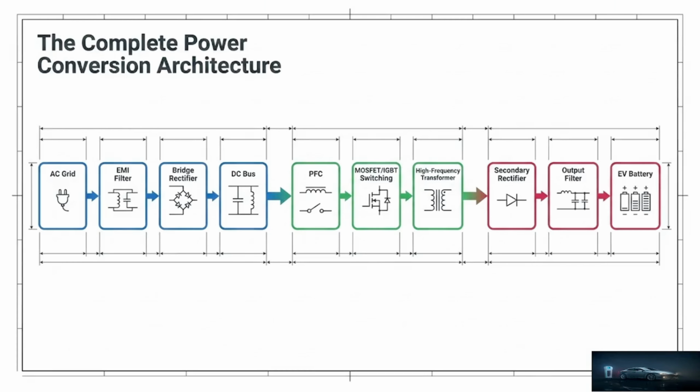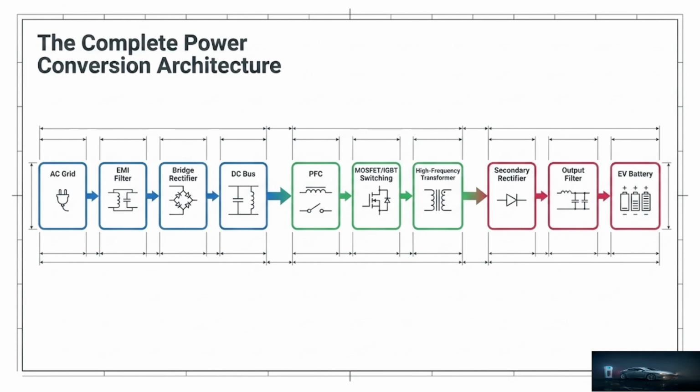Now moving ahead, you can see in the PPT, this is showing you the complete power conversion architecture that so far we have discussed. We started our journey from the AC grid.